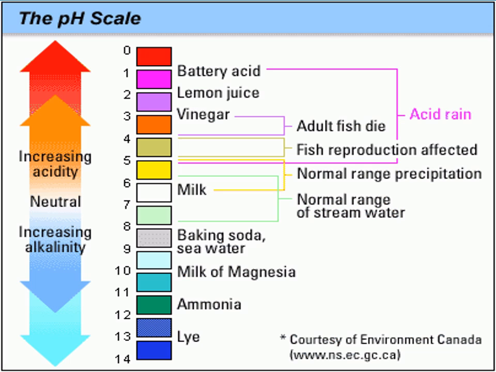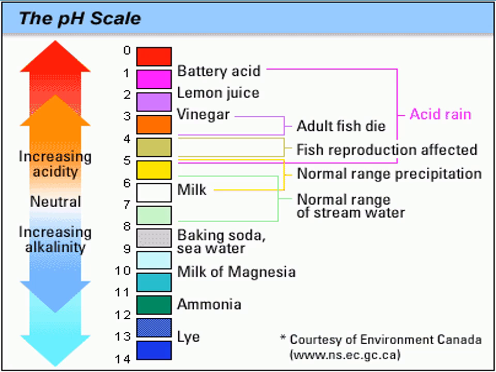The pH scale. So pH is another variable that's measured with the chemical variables. And if you look at the left side, as you go up towards 0, it's increasing acidity. And as you go down towards 14, it is increasing alkalinity.